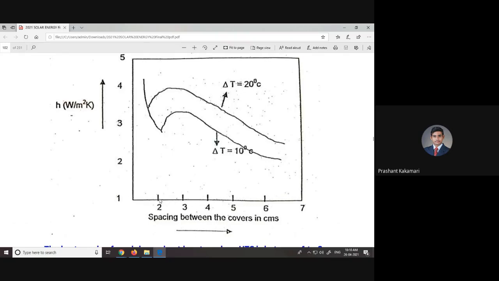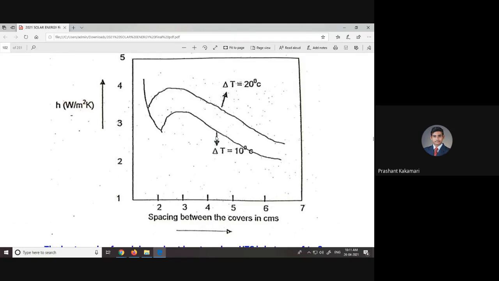If it is between these values, the heat transfer coefficient for the losses is very high. So to reduce that loss, I can go for 3.5 or 4, from that value to the maximum value. Because of the larger spacing between the glass covers, I can maintain maximum heat storage in the collector.